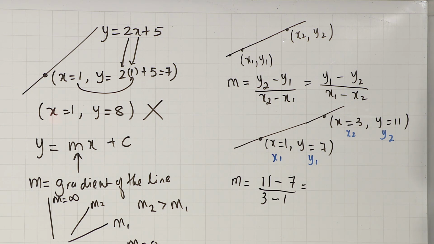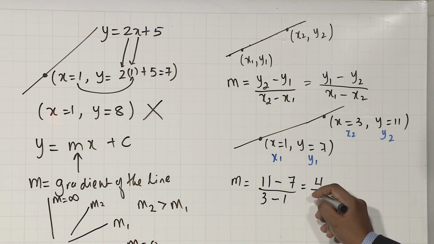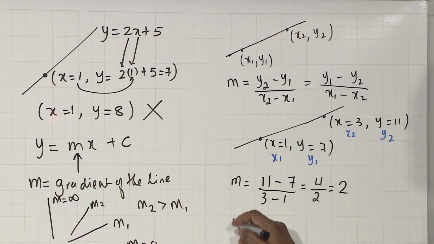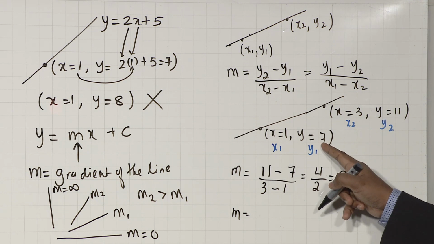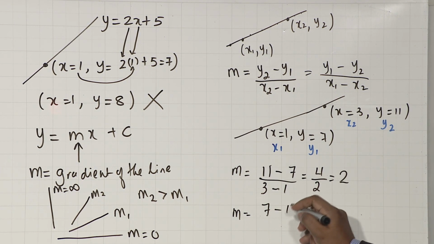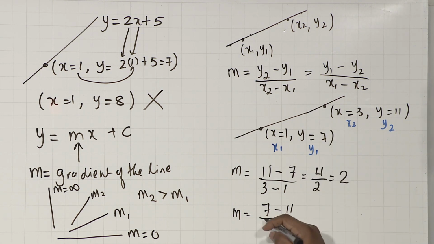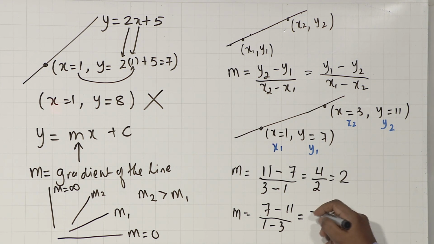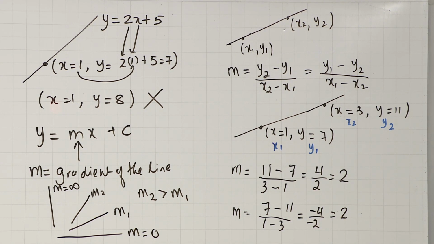So 11 minus 7 is 4, 3 minus 1 is 2, so this gives me 2. Of course, I could have taken the other way, that is y1 minus y2, 7 minus 11, and then x1 minus x2, 1 minus 3. 7 minus 11 is minus 4 over minus 2, which is 2.